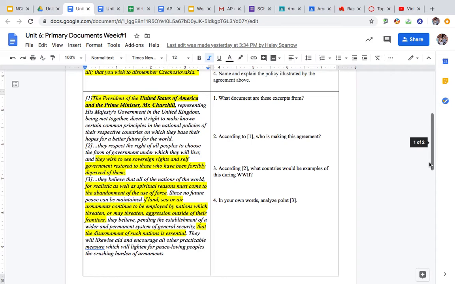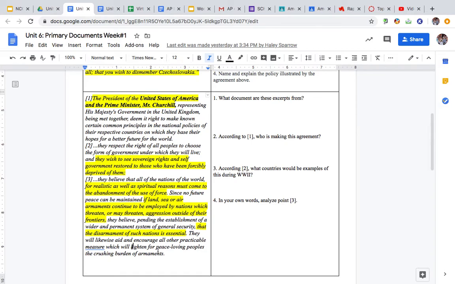Since no future peace can be maintained if land, sea, or air armaments continue to be employed by nations which threaten or may threaten aggression outside of their frontiers, they believe, pending the establishment of a wider and permanent system of general security, that the disarmament of such nations is essential. They will likewise aid and encourage all other practicable measures which will lighten for peace-loving peoples the crushing burden of armaments.